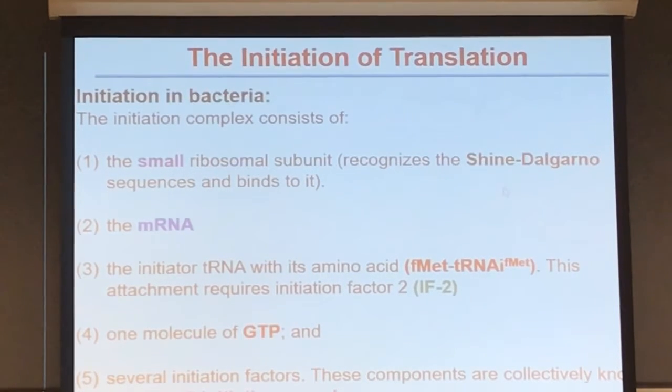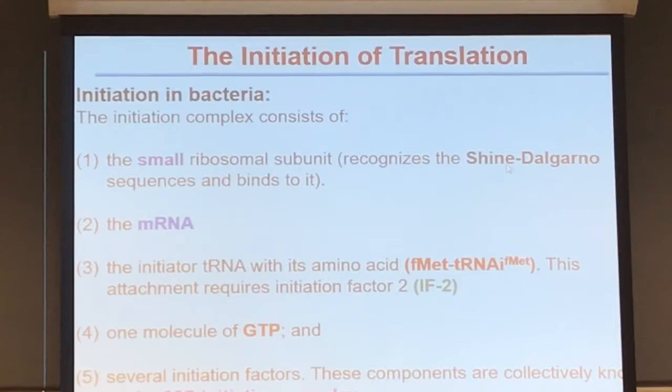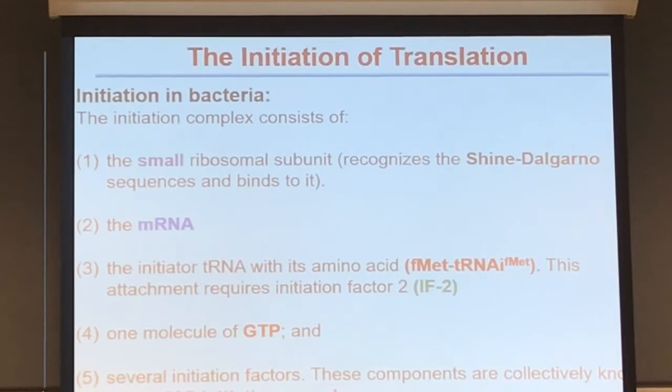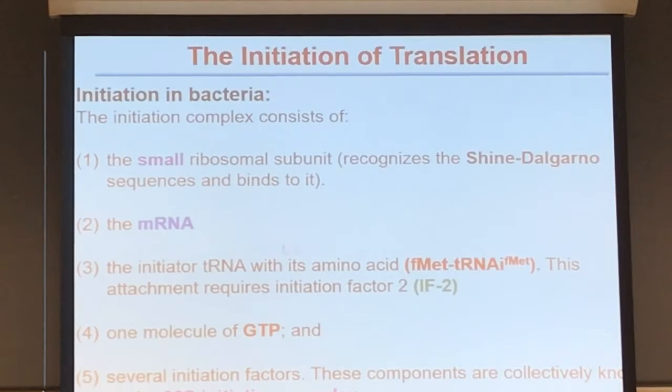We know that the Shine-Dalgarno sequence is a consensus sequence found in the messenger RNA, and complementary nucleotides to this sequence are found in the small subunit of the ribosome. So the ribosome is a protein, it also has a piece of RNA, and this piece of RNA is complementary to the Shine-Dalgarno sequence. Now, the second component that you need to initiate translation is the messenger RNA, obviously.